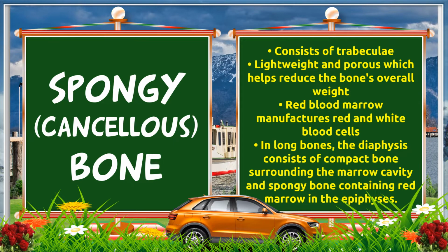Red bone marrow manufactures red and white blood cells. 4. In long bones, the diaphysis consists of compact bone surrounding the marrow cavity, and spongy bone containing red marrow is in the epiphysis.